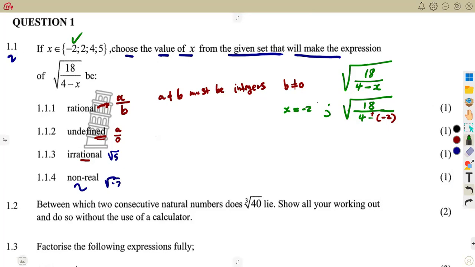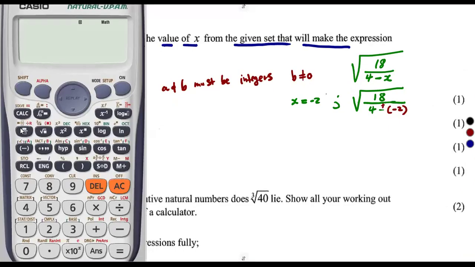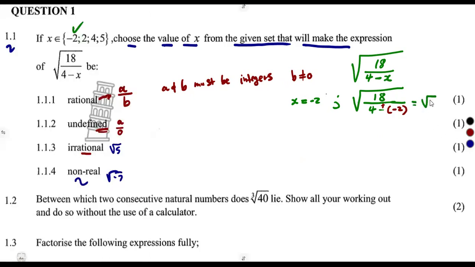So I'm just going to use my calculator here. Take note, it's a fraction. So that's 18 over 4 minus, and minus is now a plus. So that's 4 plus 2, which is 6, and 18 over 6 is 3. So it simply means we are going to have the square root of 3 there. It is going to remain as the square root of 3.